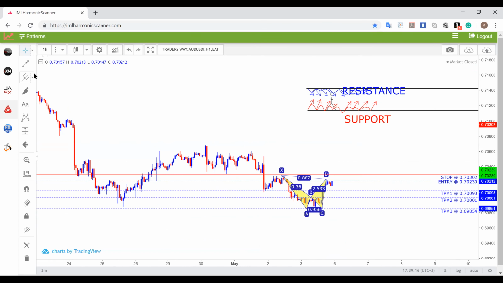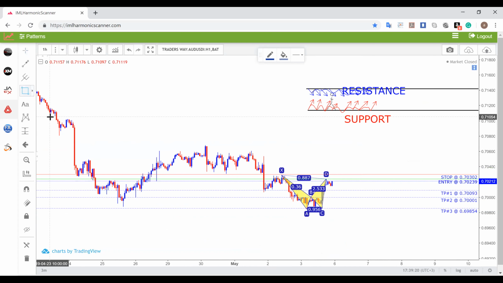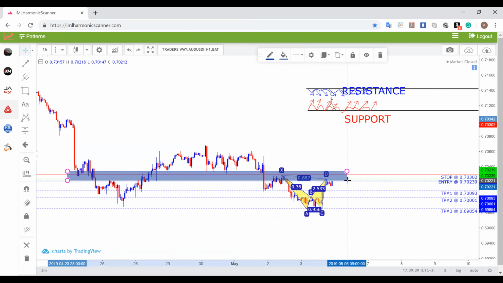So in this example, I'm going to use this zone. Anywhere that you find support, you will also be able to find resistance. It happens over and over and over. So I'm going to use a box. In this box, I'm just going to leave it like that.